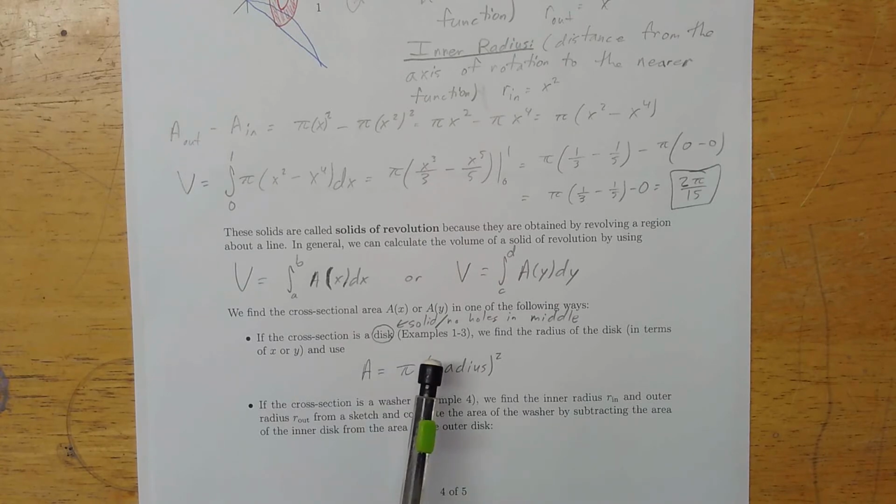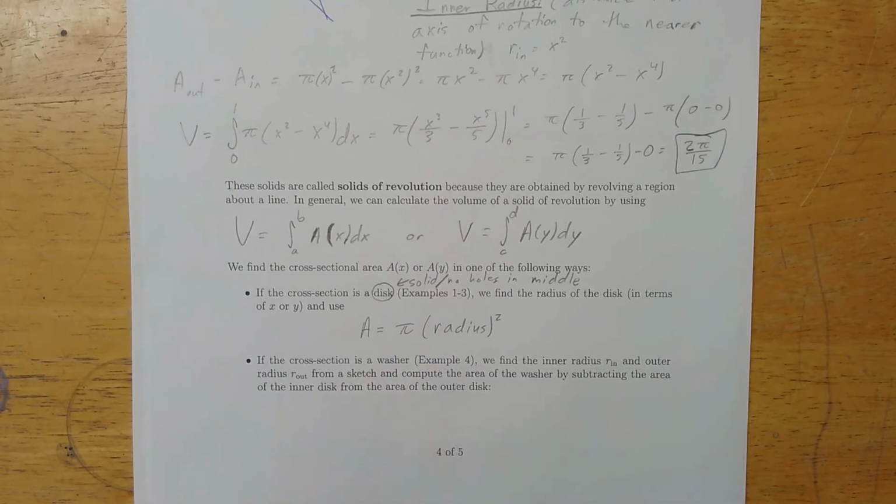And this was what we saw in examples 1 through 3. Now in example 4, what we saw is that the cross-section was a washer. We had some sort of inner radius and outer radius because we had a middle portion that was missing.